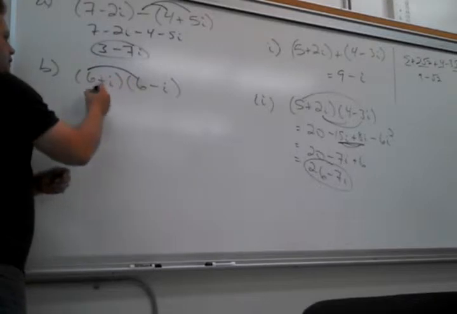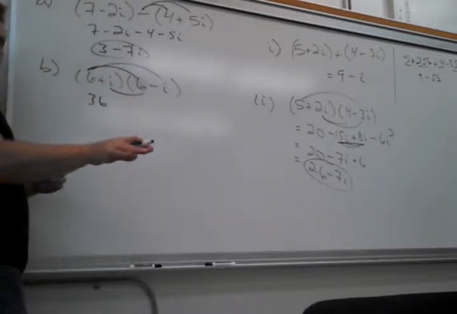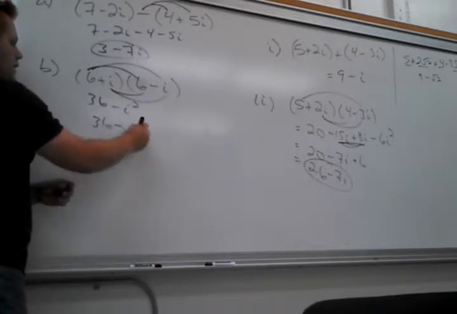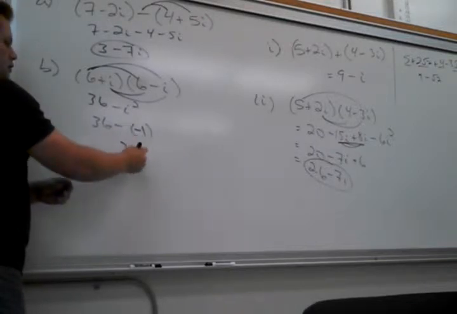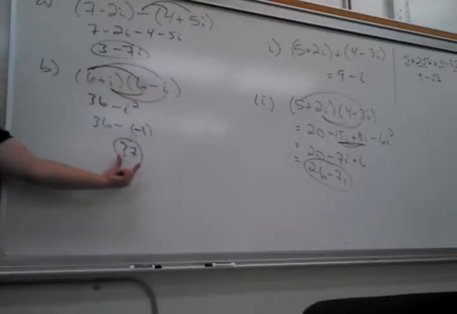So sure enough, I get 36 minus 6i plus 6i, minus i squared, so it's 36 minus negative 1. Which is neat. Completely complex comes out nice and real.